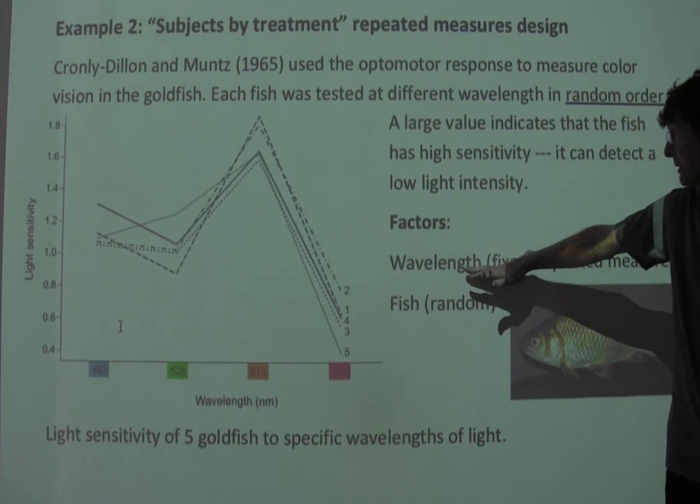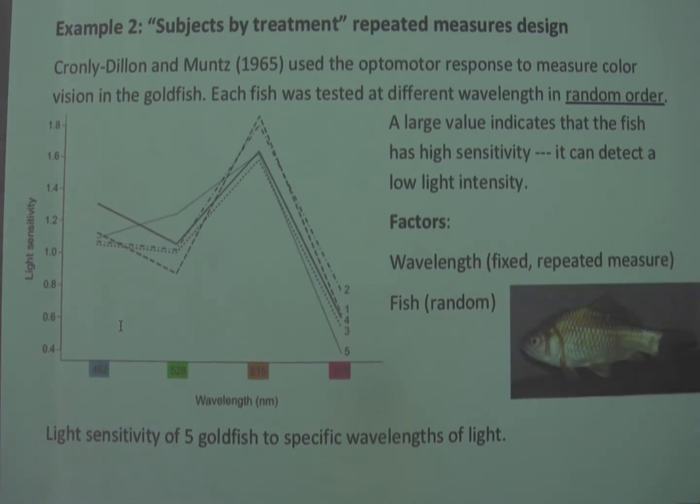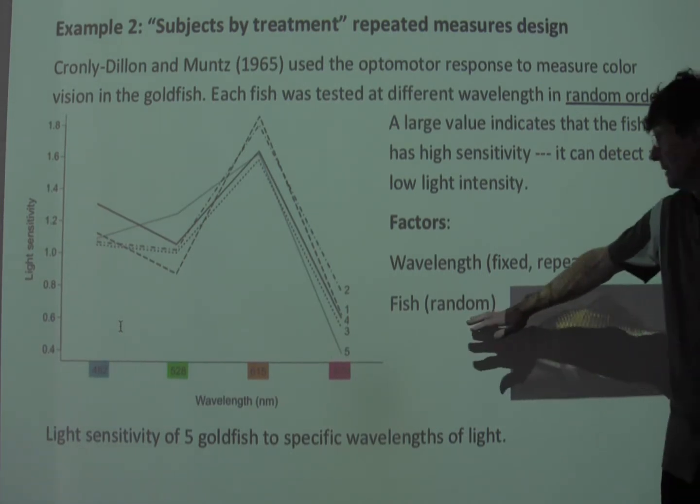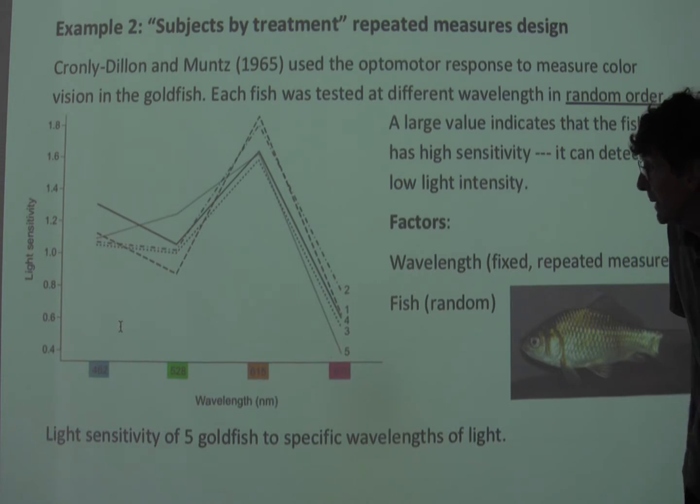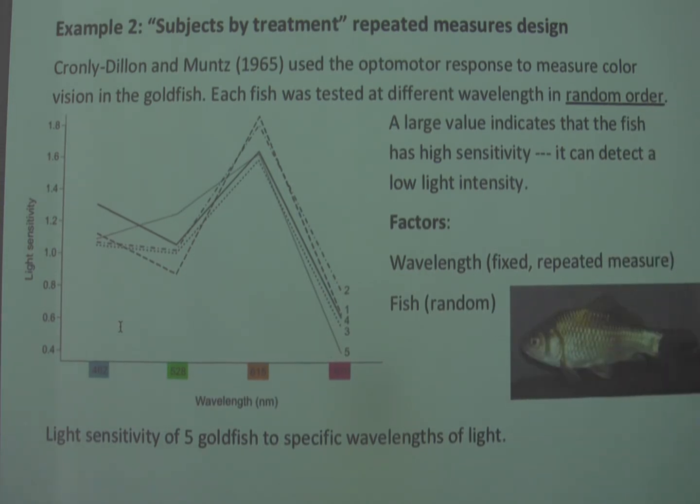And what we're interested in knowing is whether there are differences among wavelengths in the sensitivity. And that's our fixed effect of interest. The random effect that we must take into account is the fish. Why do we have to include it in our model? Well, we measured the fish repeatedly. So it's in there. Repeated measurements made on the same individual are not independent. But if you include fish in the model, then you've avoided pseudo-replication.